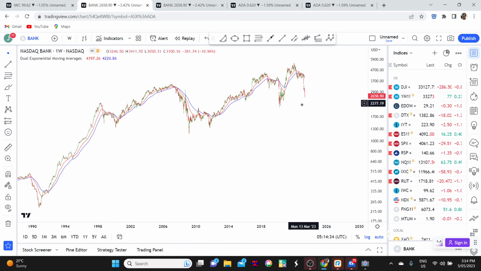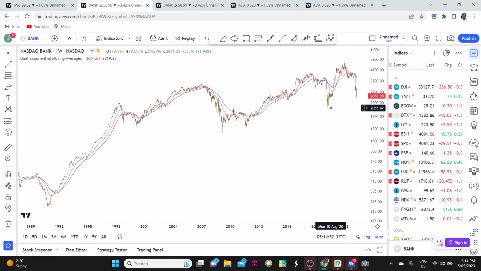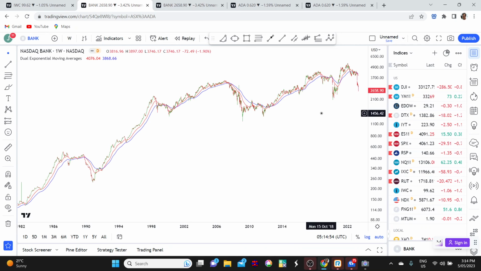Now, what's interesting here is the latest sell-off is up there with the biggest in the banking index's history. And to match the GFC, it would just need to get back to these lows from COVID, which really isn't that far away. So what's going to happen here? I don't know. And this isn't a prediction by any means. It's just one of those interesting things to keep in mind.